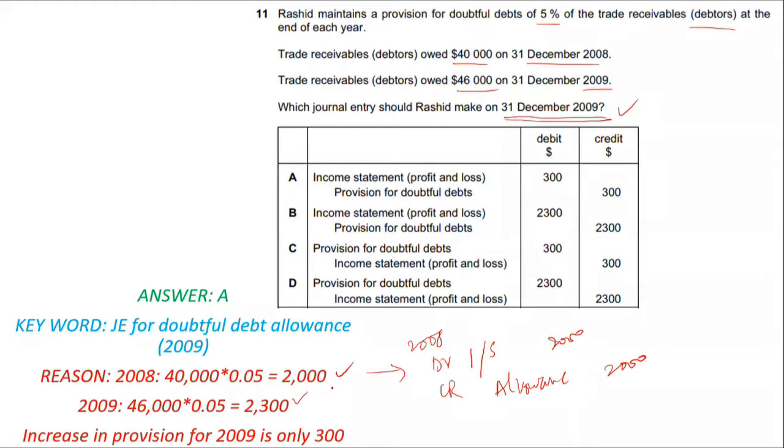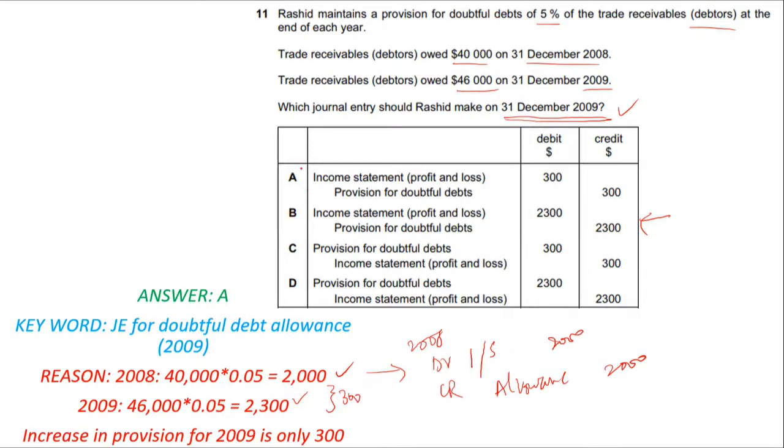So you just need to pass the entry for the increment, the difference, and the difference is $300. Sometimes students might choose this option, but that would be wrong, because you have already made the provision for $2,000. Now in 2009, you expect $2,300 to be uncollectible, and there's only an increase of $300.